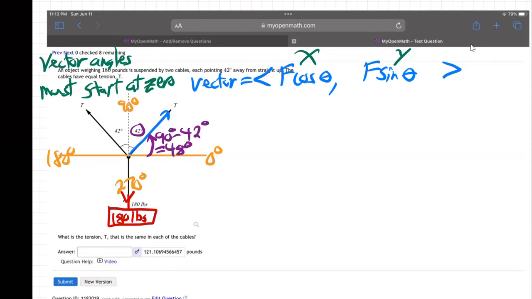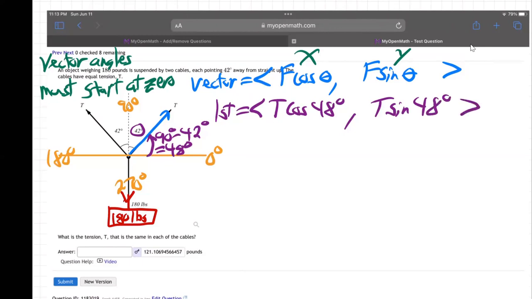From 0 up to our first vector must be 48 degrees. So for the first vector, first cable, it's going to be T cosine 48 degrees, comma, T sine 48 degrees. And these little marks are just one of the ways we do vectors.